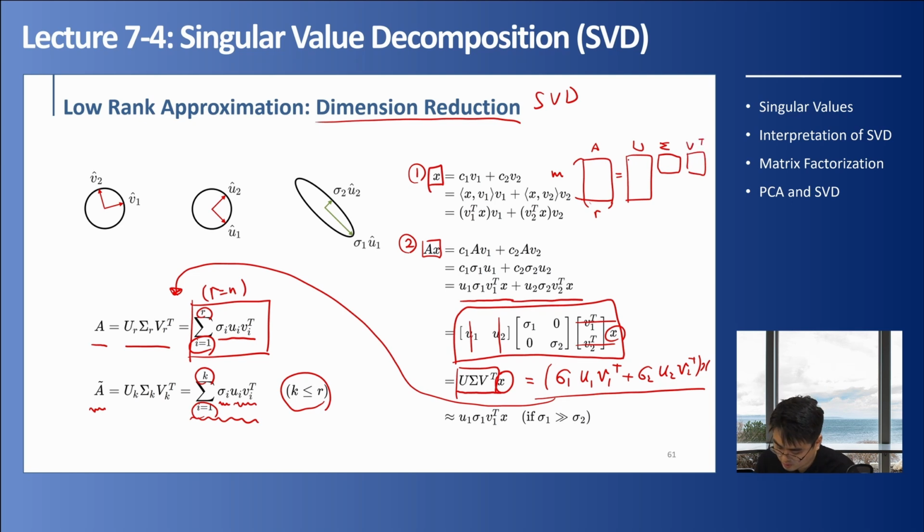Here U is M by R, sigma is R by R, and V transpose is also R by R. When we do singular value decomposition, we obtain these matrices, and we can do dimension reduction by selecting the highest singular values inside our sigma matrix here. If we only select these ones, we're only using this information.